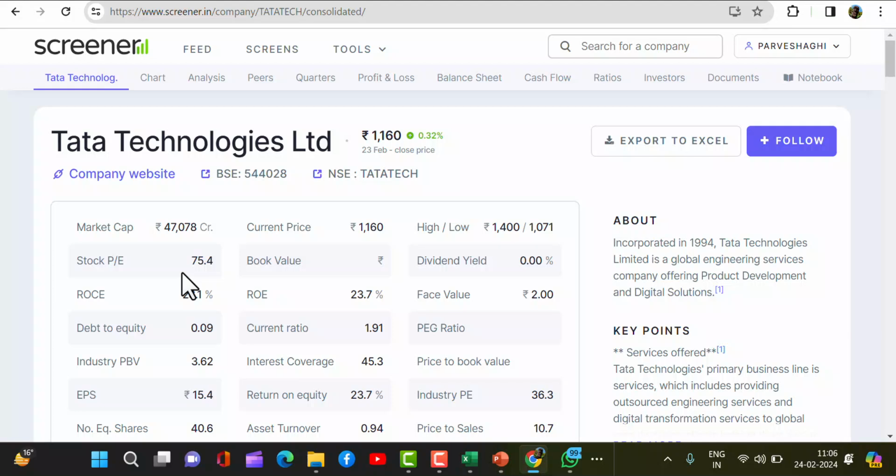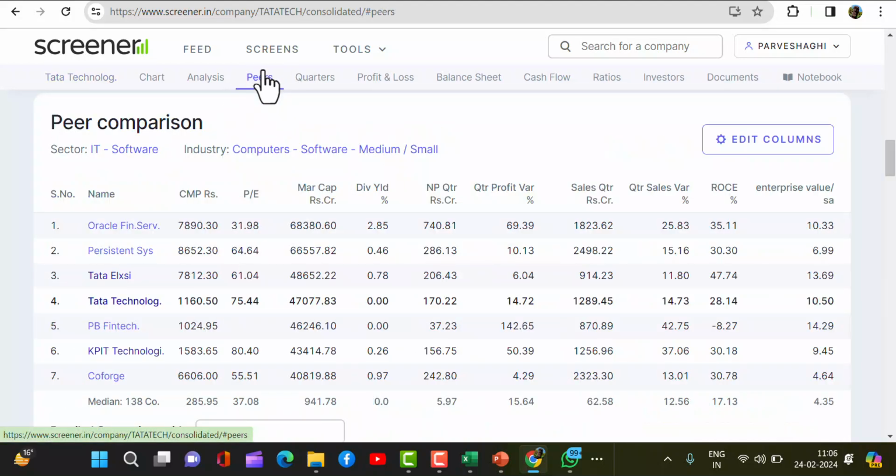And look at the peers. So these are the companies which are in the same industry. Now tell me one thing. How many companies are there? 7 companies. Which is the cheapest? I'm asking you. सबसे सस्ती कंपनी कौन सी है? ये ध्यान से देखो.